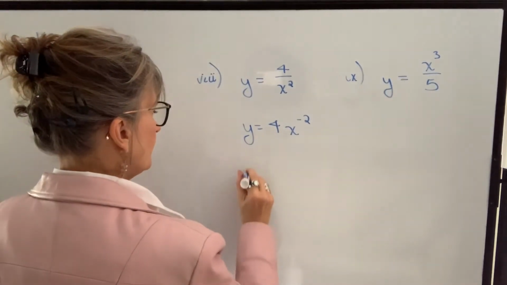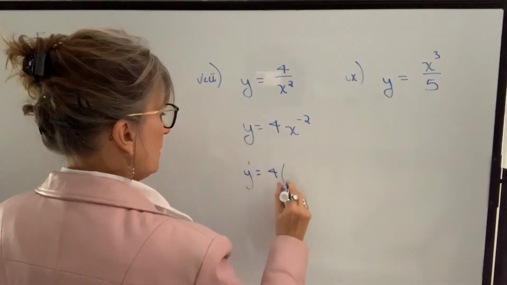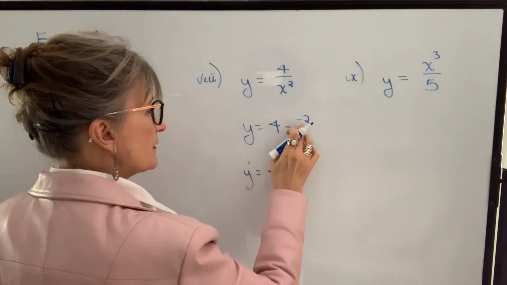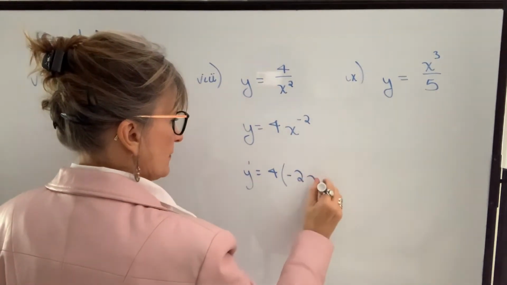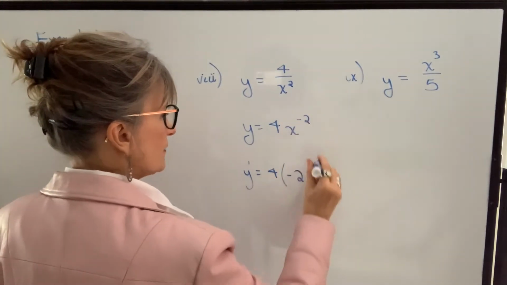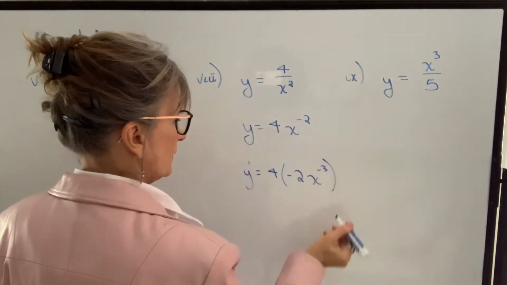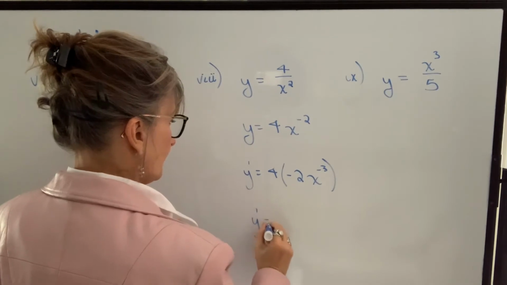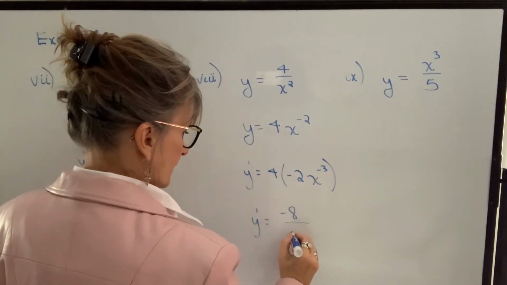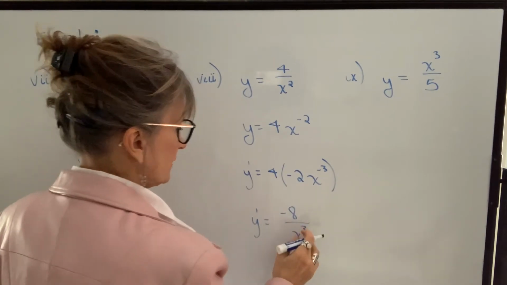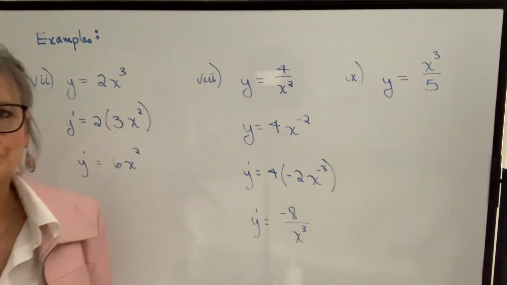The derivative will be 4 times the derivative of x to the negative 2, which will be negative 2, that's my n, times x to the negative 2 minus 1, negative 3. We can clean that up. 4 times negative 2 is negative 8. And then I can put this in the denominator if I want to express it with a positive exponent.